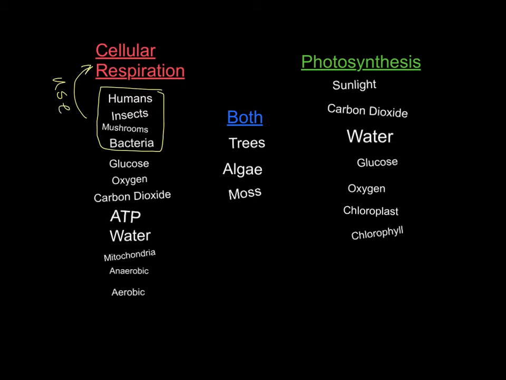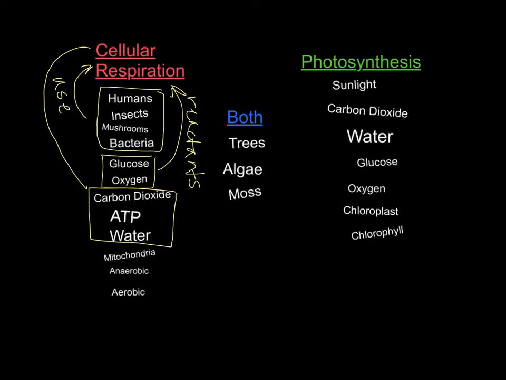Okay, the next group, the glucose and oxygen, they are the reactants for cellular respiration. The next group, carbon dioxide, ATP, and water, are the products of cellular respiration.